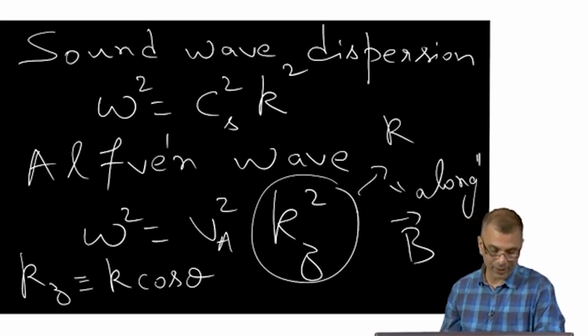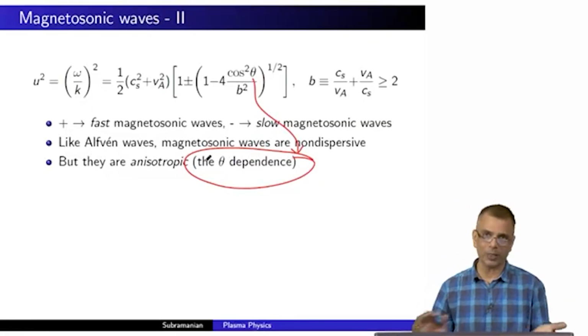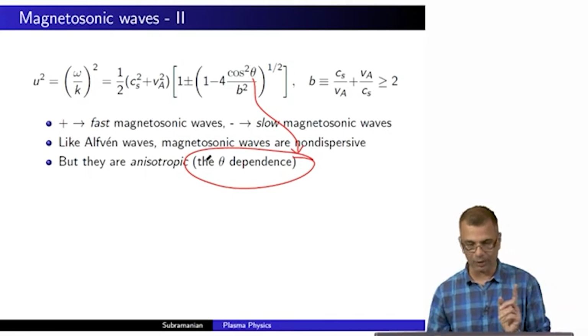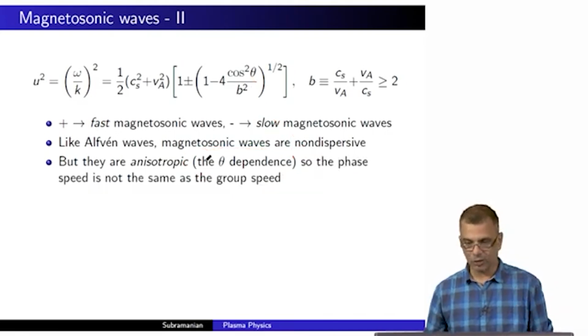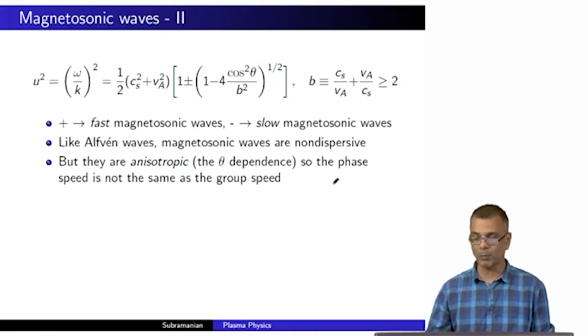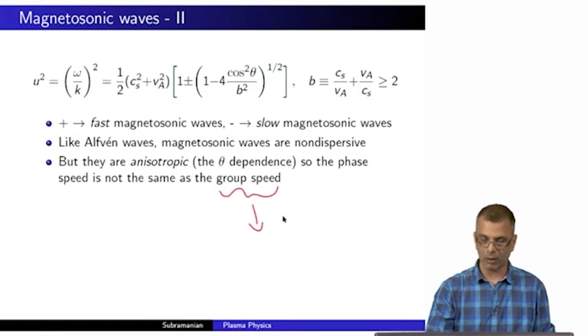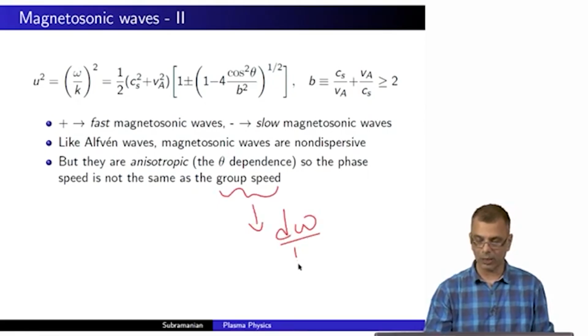Okay, and so in that respect, magnetosonic waves are like the Alfvén waves. There is an anisotropy. The actual dependence might not be the same, but they're still anisotropic nonetheless. Right. So the other thing is the phase speed, omega over k, is not the same as the group speed, which would be d omega dk.